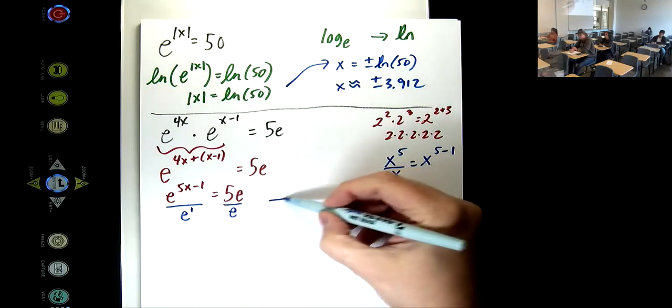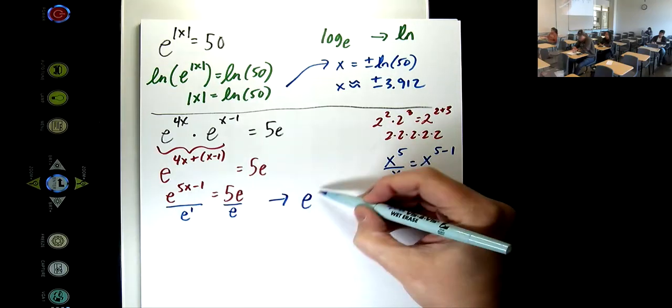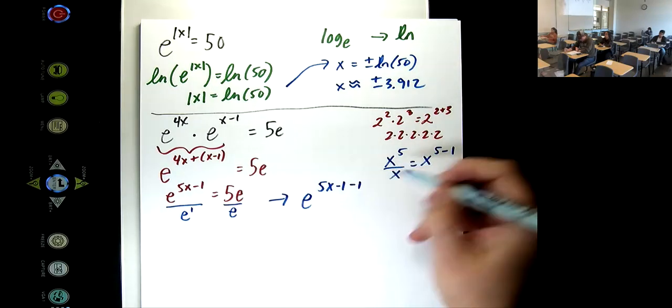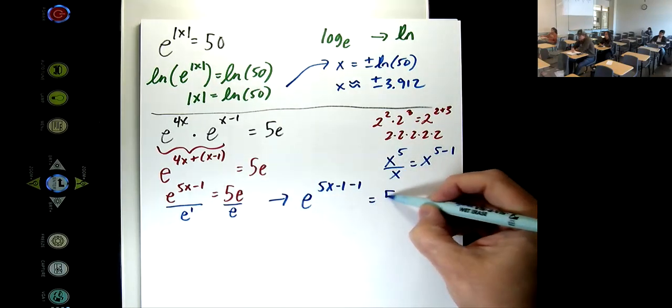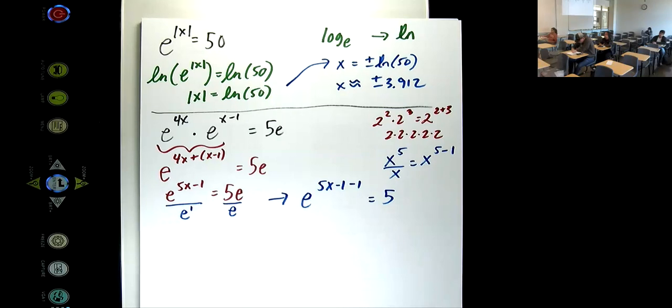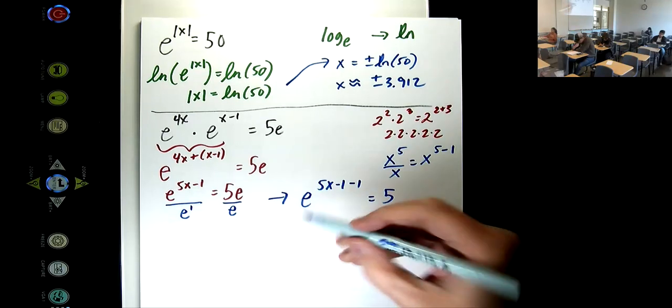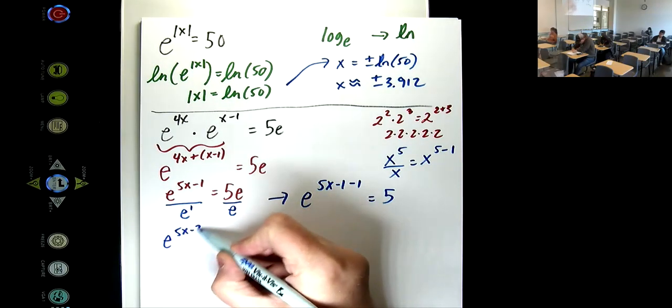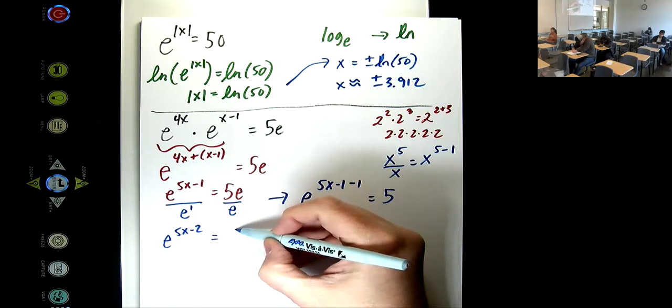So I could make this e to the 5x minus 1, then minus that 1 on the bottom. And the right side is just 5. These cancel out. So now I have e to the 5x minus 2 equals 5.